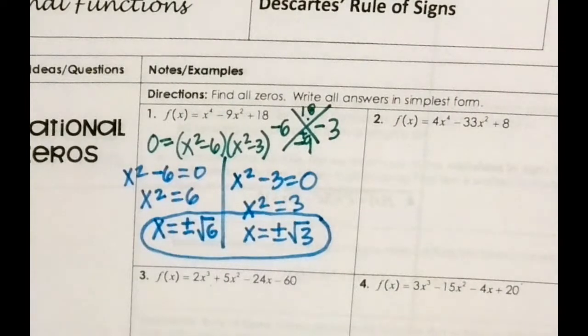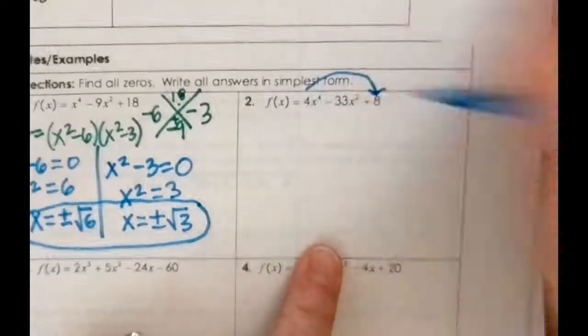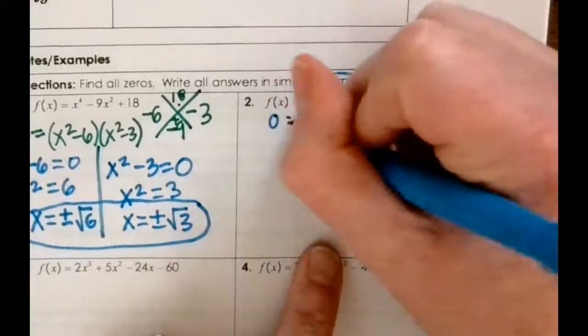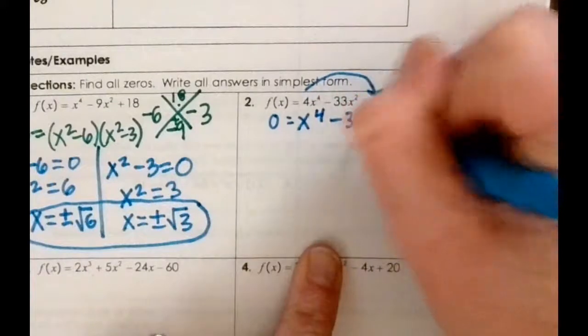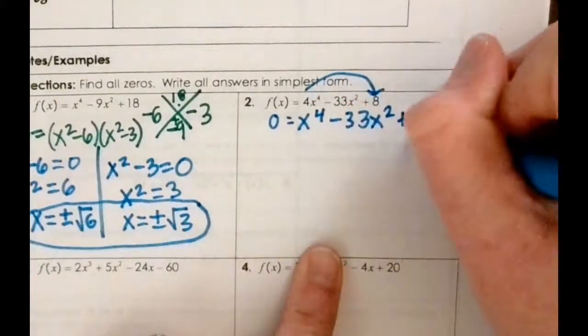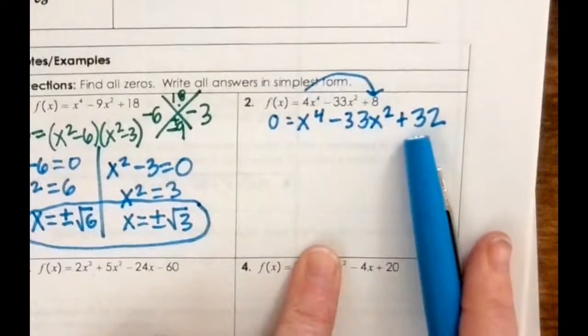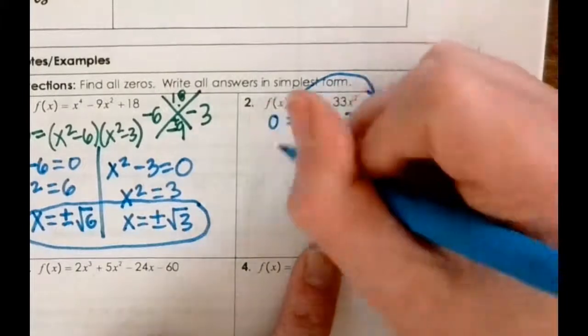Okay, let's do 2. So this one we have a slide and divide. So yeah, let's definitely do this one. So we want to find the zeros here. So when I slide the 4 back, I'll be factoring x to the 4th minus 33, x squared, plus 32. Okay, anytime your middle number is 1 away from the end number, it's the end number times 1, if you haven't noticed.